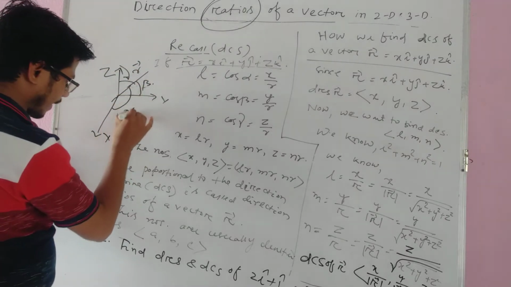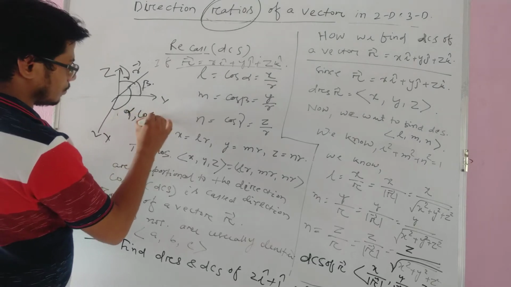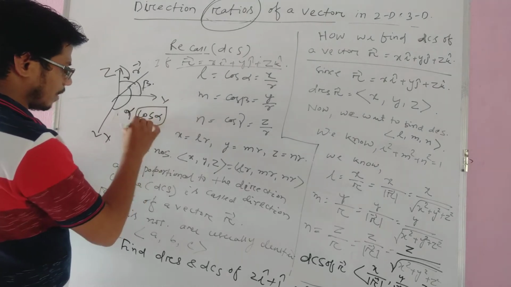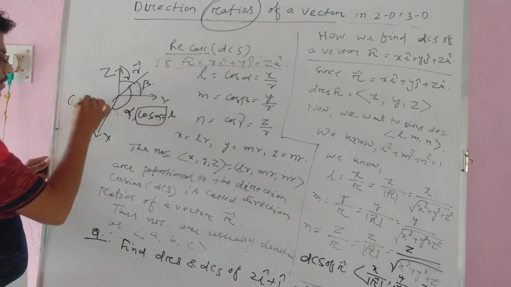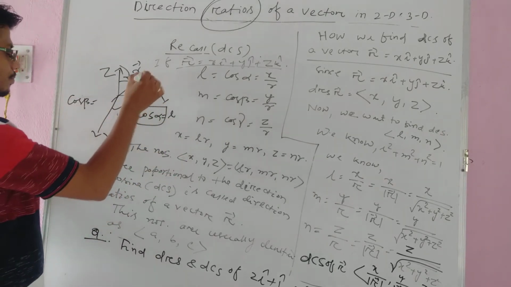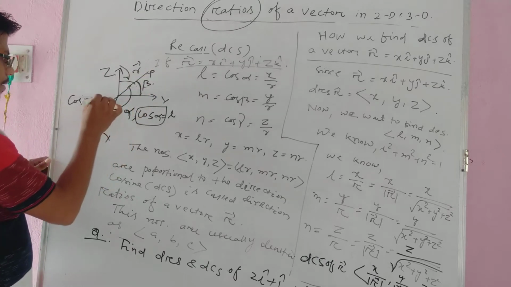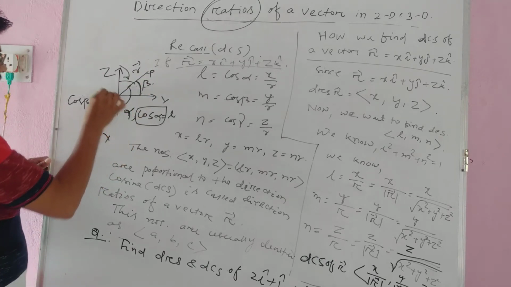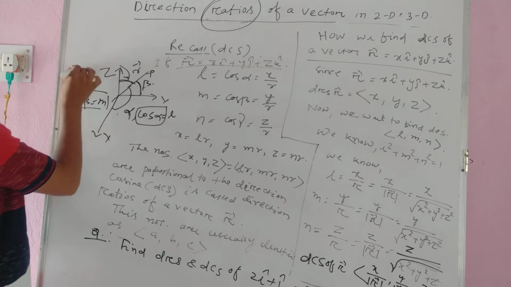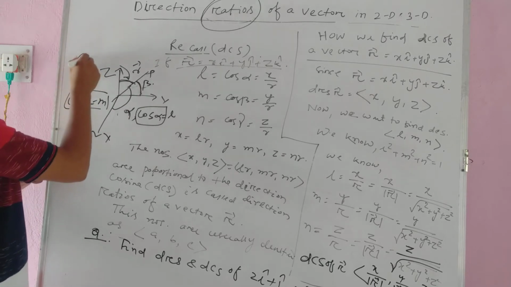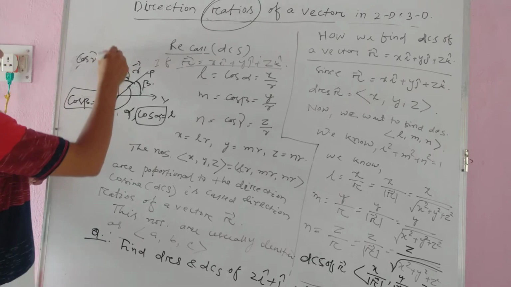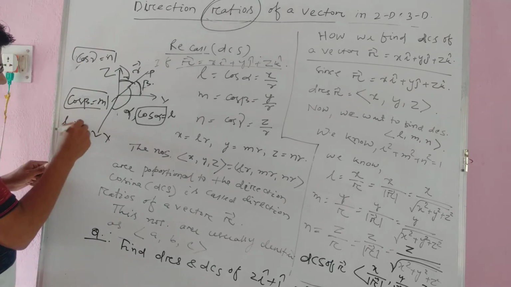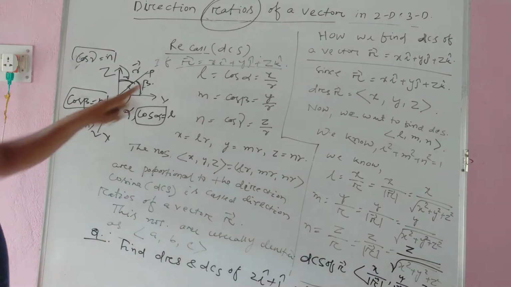The cos value of alpha is L, the cos value of beta is M, and the cos value of gamma is N. These L, M, N are called the DCs of vector r.